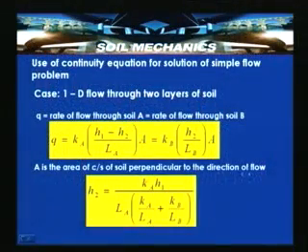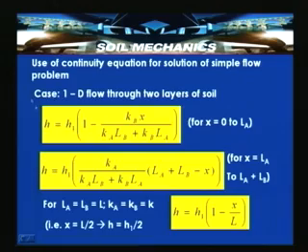So, H2 by Lb is the gradient, Lb being the length of soil B, and A is the area of cross section of soil perpendicular to the direction of flow. By equating these two and solving, we get H2 is equal to Ka H1 divided by La into (Ka by La plus Kb by Lb).